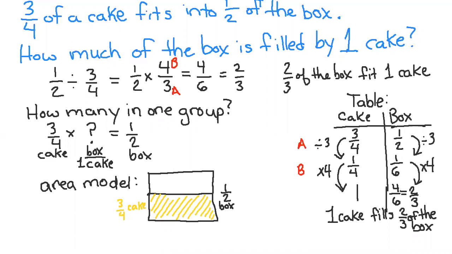If we were to examine the numerator of the 3/4 of the cake, we could see that in this yellow portion, we actually have 3 pieces, each of size 1/4 of a cake, which I'll label with a little C. Well, we might think that's a cup, so I'll call it CK.